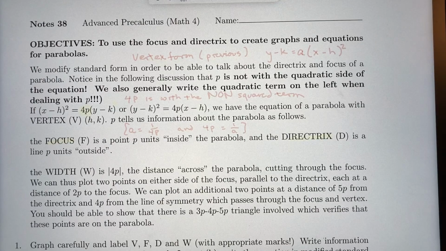So something to notice at the very beginning is that 4p goes with the non-squared term. Let's write that down.